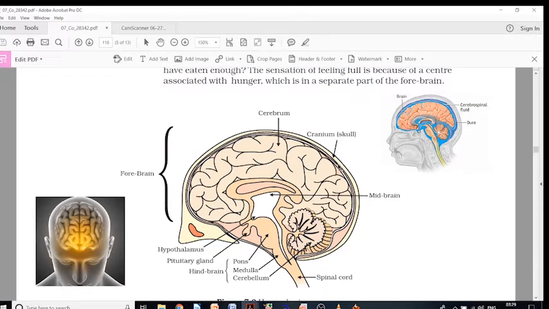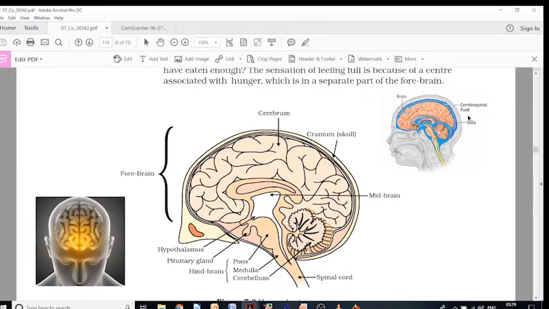The cranium is covered by three membranes, and the spaces between these membranes are called meninges. Within these membranes there is cerebrospinal fluid. If you see this diagram, within the membranes there is cerebrospinal fluid.